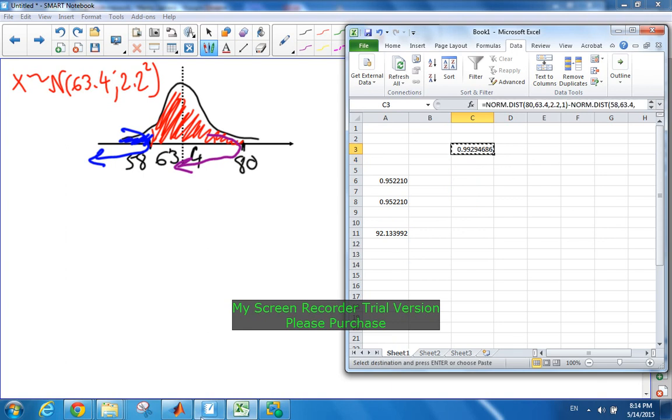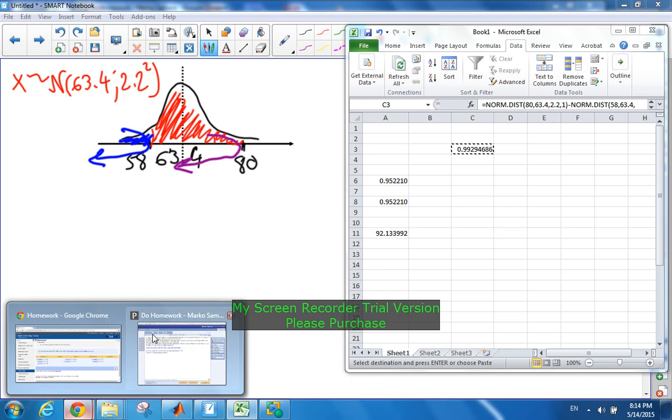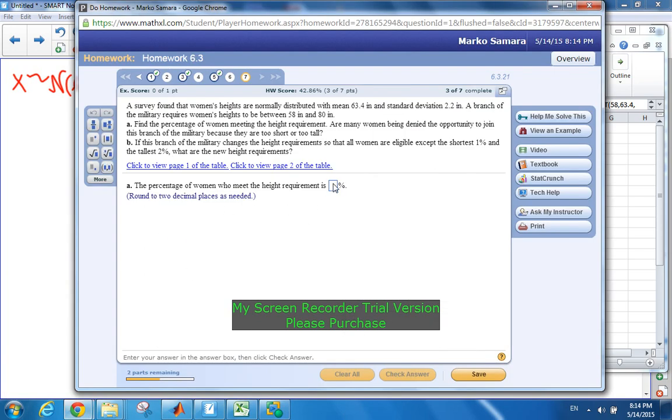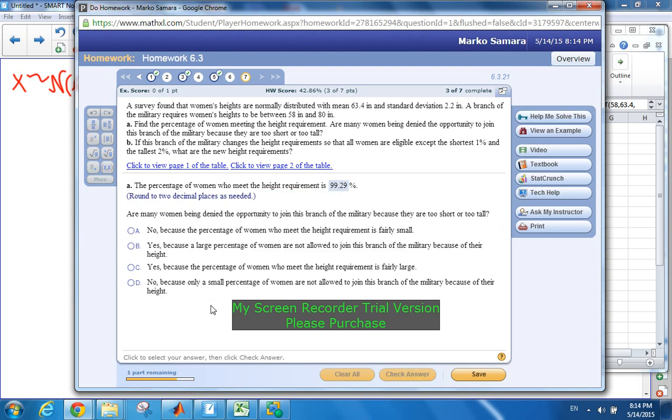Control C and Control V, but since this is supposed to be in percentages, I need to multiply by 100, so it's 99.29 and so on, and I need to round to 2 decimal places, so it's 99.29. Okay, are many women being denied? Well, 99.29% fall into this region.